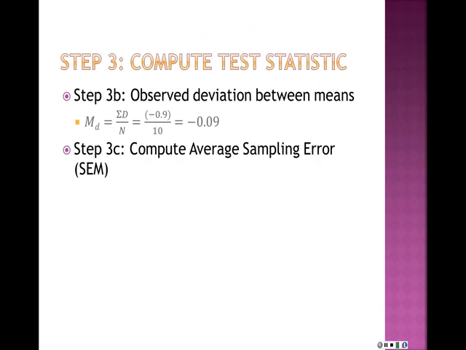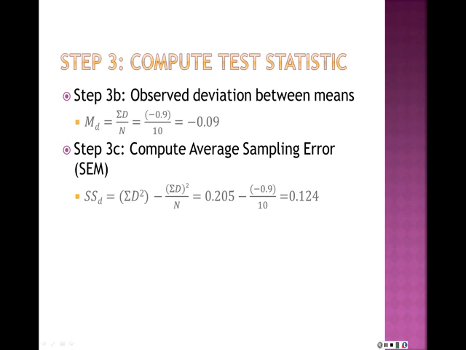3C, we compute the average sampling error. So this is our SEM, our standard error of the mean. We do this by calculating the sums of squares of the deviation scores with this formula here. This is the sum of the squared deviation scores minus the sum of the deviation scores squared, divided by n.